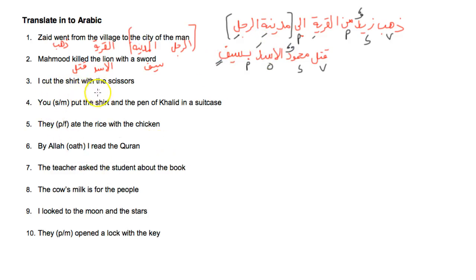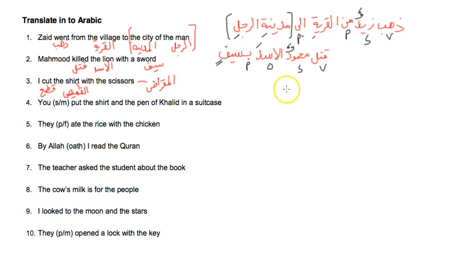I cut the shirt with the scissors. Okay, so I cut is qata'a, the shirt is al-qamis, and the scissors is al-miqrad or al-miqas, miqrad.